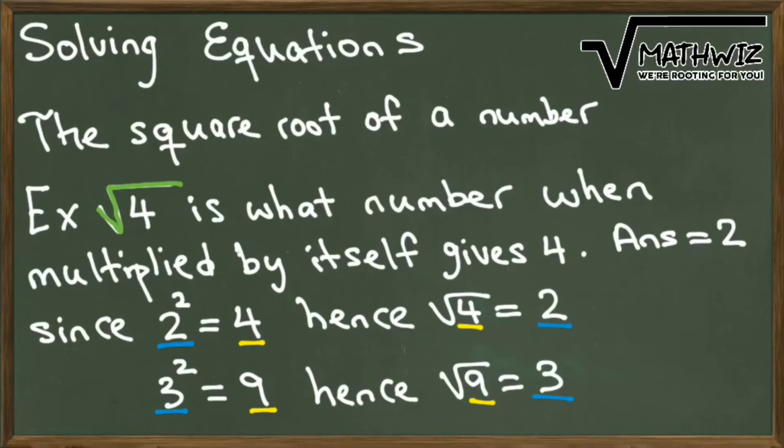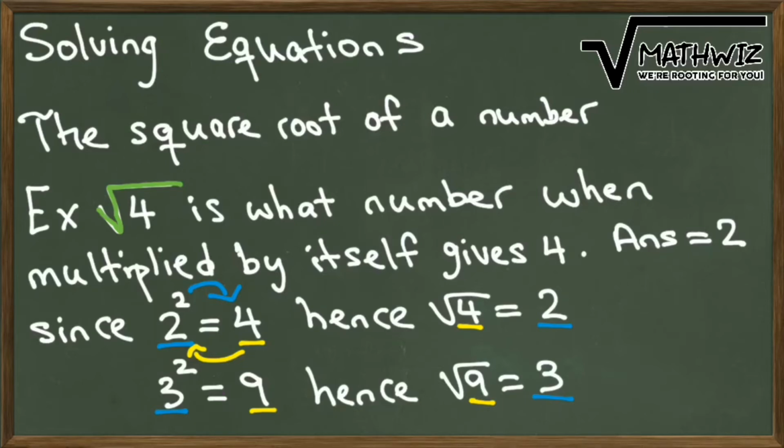So just so that you can see that, I have 2 squared, which is 2 multiplied by itself, right? So 2 times 2 is what would give me 4. And since 2 squared gives me 4, it therefore means the square root of 4 gives me 2, right?